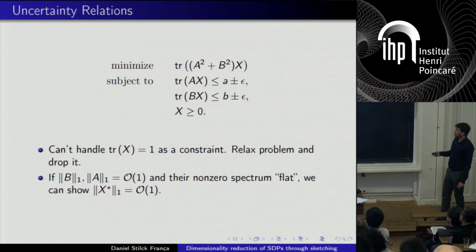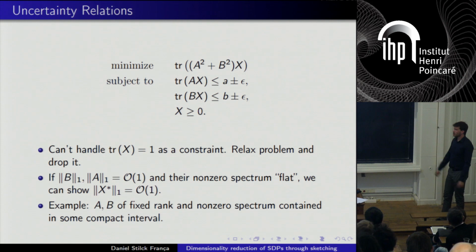If the trace norm of B and A is of order 1, and their non-zero spectrum is not too wild, then we can also show the other assumption we need for this to work, which is that the trace norm of an optimal solution is also constant in the dimension. Then we have everything we need to apply our techniques to this problem.